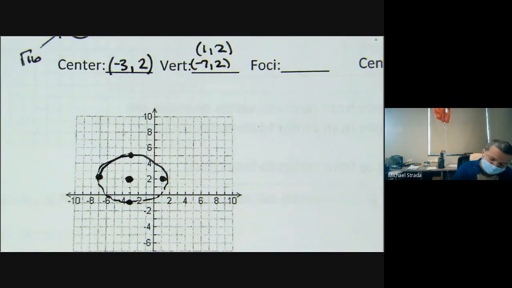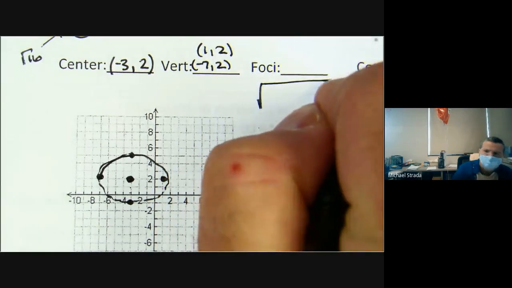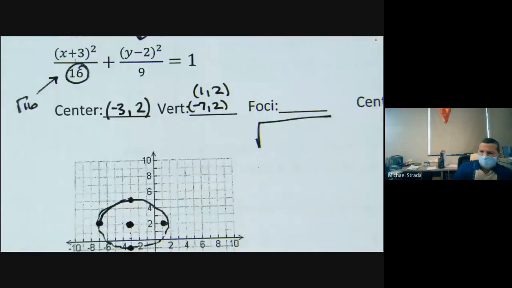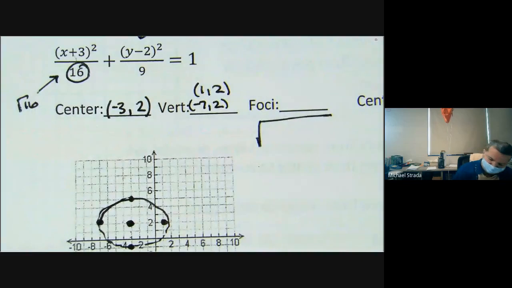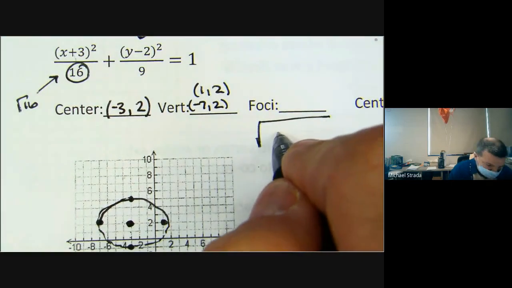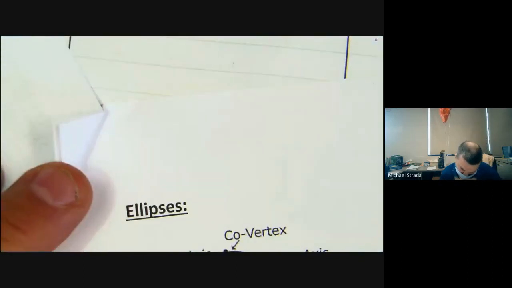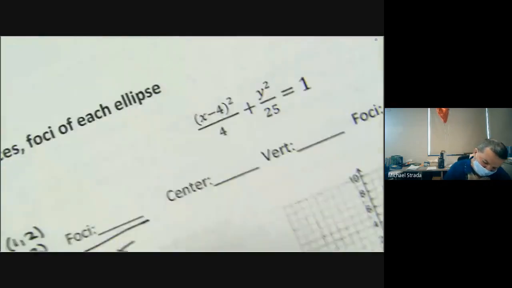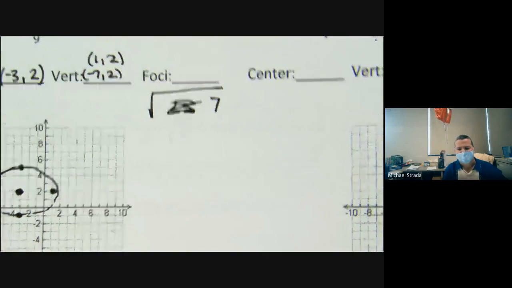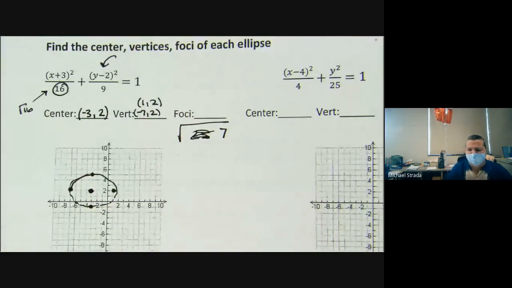Now, to get your foci, you put a square root symbol, and you add your denominators. What's 16 plus 9? 25. Oh, not 25, sorry. We're subtracting. I know, I've ruined your whole day. So 16 minus 9 is 7.